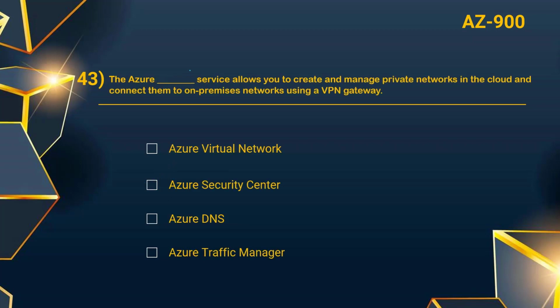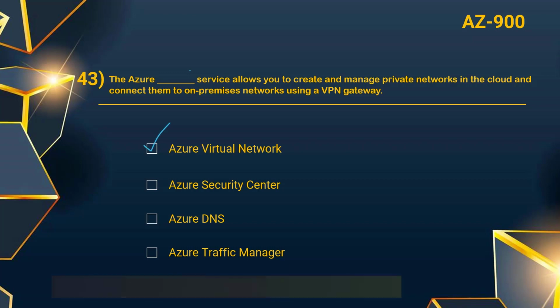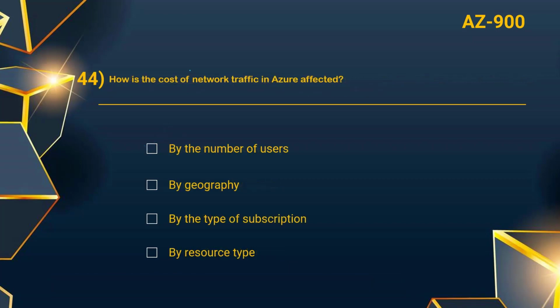The Azure Something service allows you to create and manage private networks in the cloud and connect them to on-premises networks using a VPN gateway. How is the cost of network traffic in Azure affected?